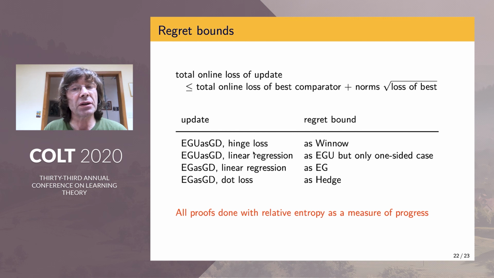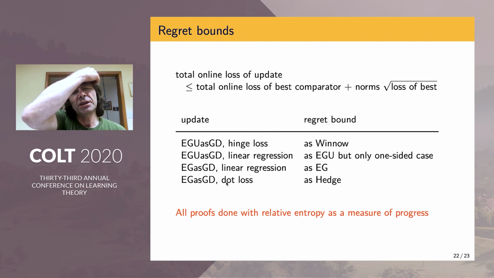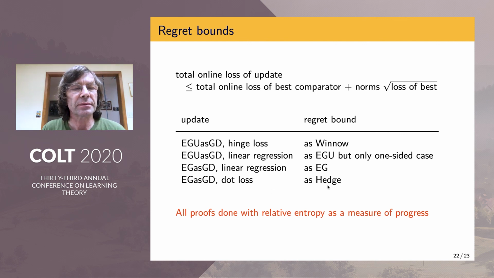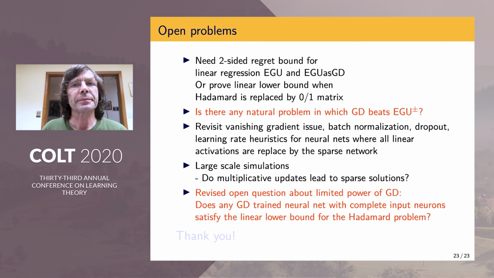For linear regression also, we have the same regret bounds, right? And for EG as GD with dot loss, the same as hedge. Okay, so all proofs are done with relative entropy as a measure of progress, and that's totally surprising. So we don't use the gradient descent measure of progress in our proofs. We are still puzzled by that.